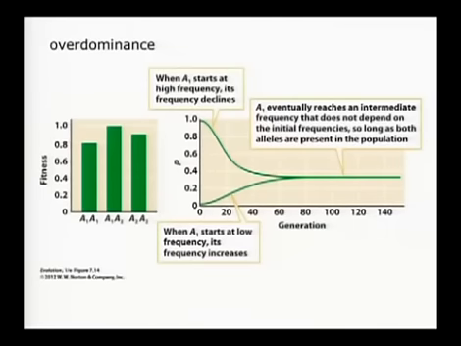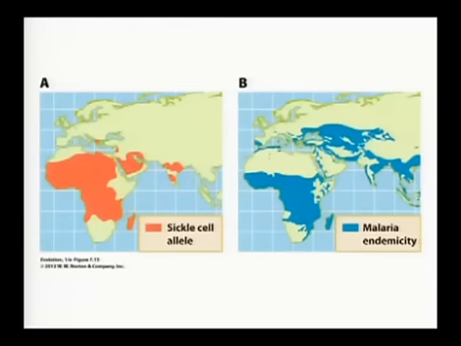This is overdominance. And the classic example of overdominance is sickle cell anemia in places that have malaria. So in places that have malaria, having the sickle cell allele confers greater fitness in heterozygotes, even though in homozygotes there's lower fitness.